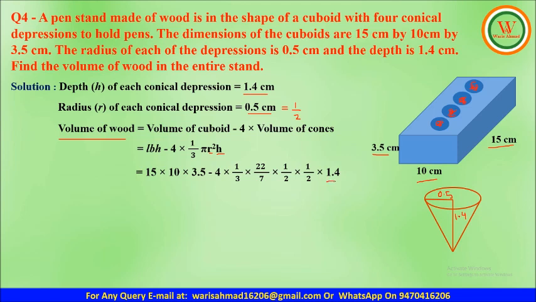After solving these two, we will have 525 minus 1.47. When we subtract these two, we will have 523.53 centimeter cube. So this is the volume of wood required to make this pen holder.